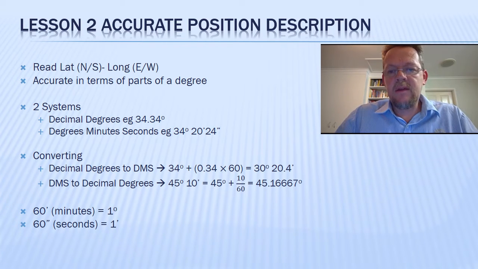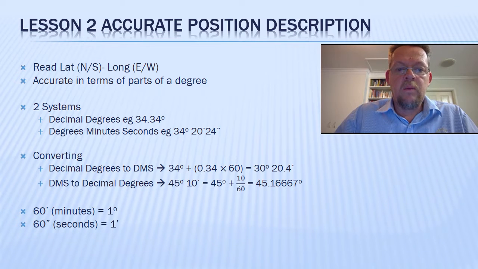And we have two main systems, therefore, when we describe parts of a degree. We're quite familiar with decimal degrees, and that's quite commonly used, but navigators and in trig as well will often use degrees, minutes and seconds. And that's quite helpful when looking at surfaces on the Earth, so distances there.